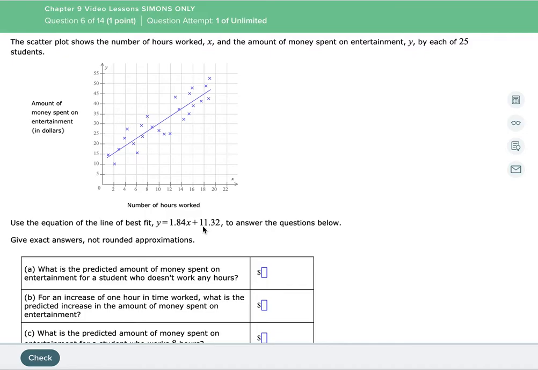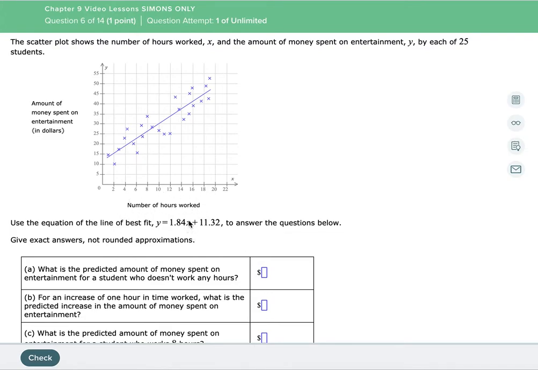All right, so when it asks us questions about this, we got to think exactly about what that means. So for letter A, it says, what is the predicted amount of money spent on entertainment for a student who doesn't work any hours? So what they're saying, the amount of hours worked is your X, right?